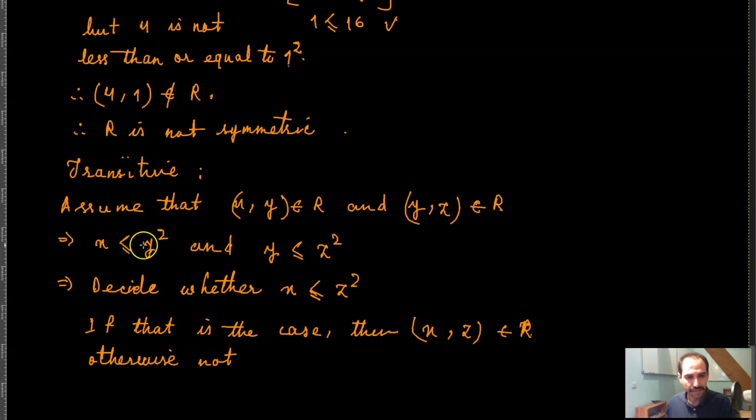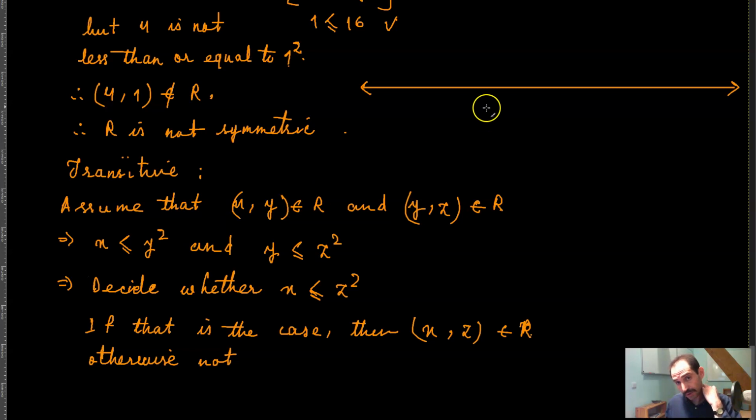Meaning that you know that x is less than or equal to, so these are of course not intervals, these are some points on some number line. For example, if you say that x is less than or equal to y squared, there has been some y, and then y squared is some point on the number line.